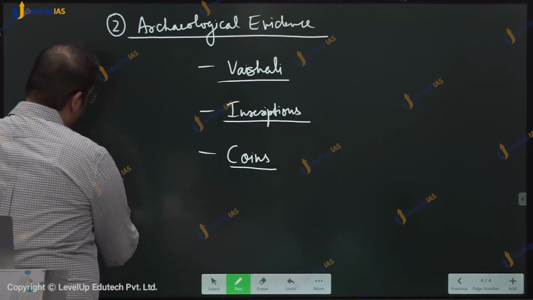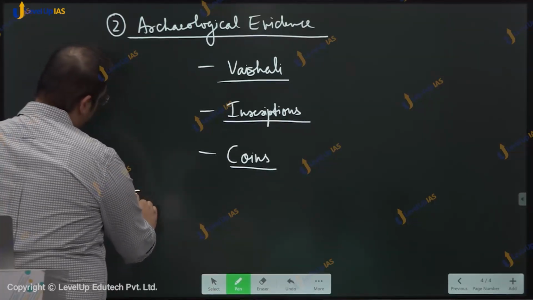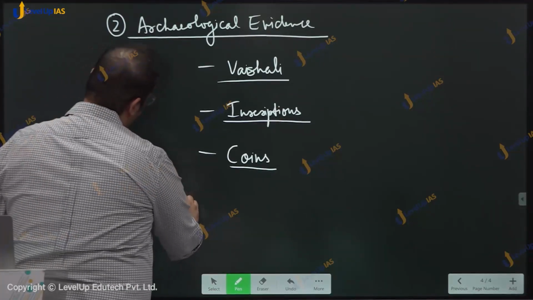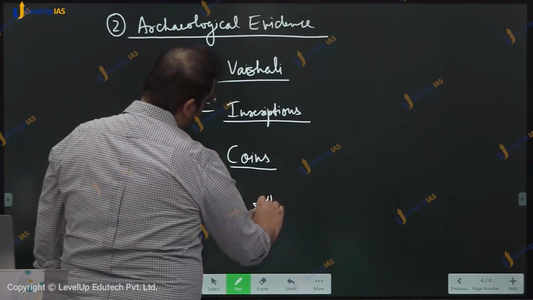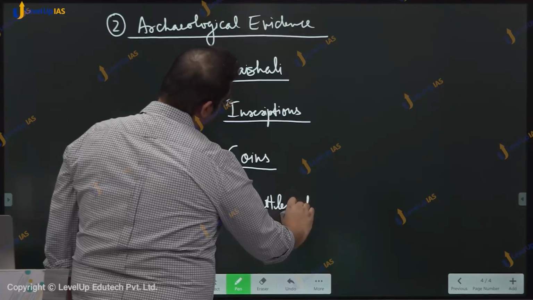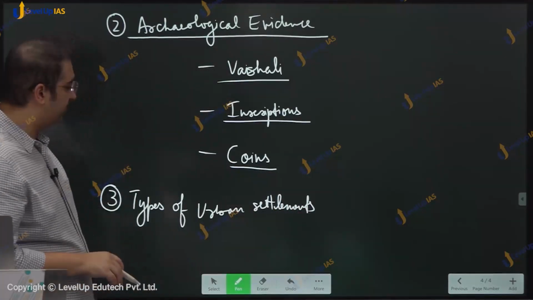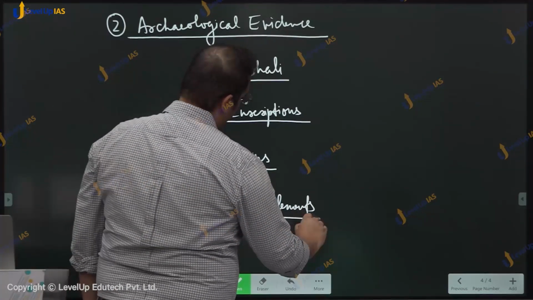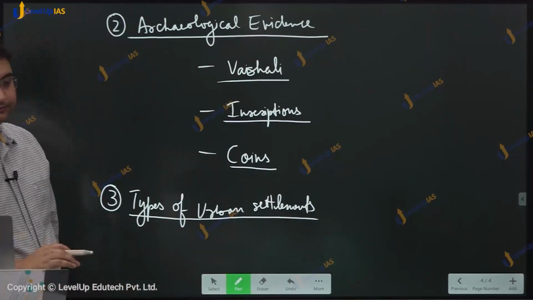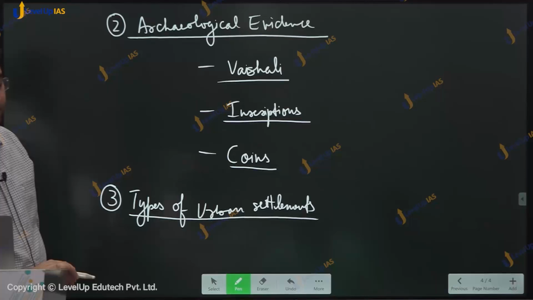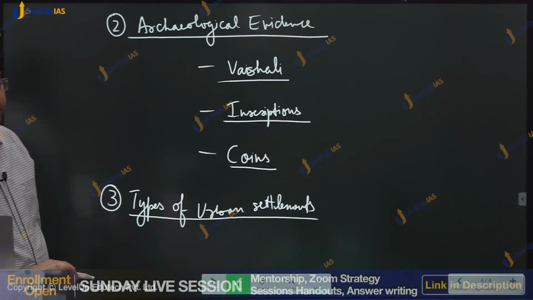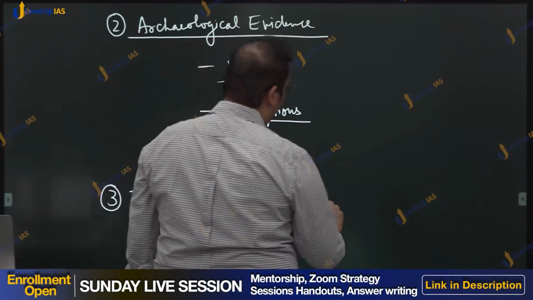Number 3, the types of urban settlements also underwent a significant transformation with respect to their functional roles.